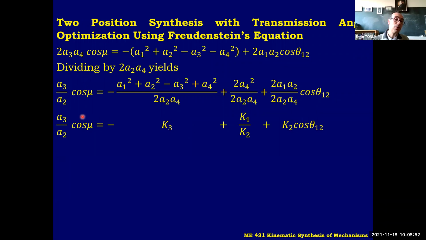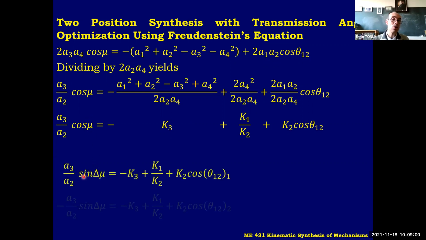So I'll express this side as delta mu's. For the first position, it's going to be like this. So I'm using theta 1, 2 for the first position, and in that case, it was positive sine mu. And for the second position, it is negative sine mu.